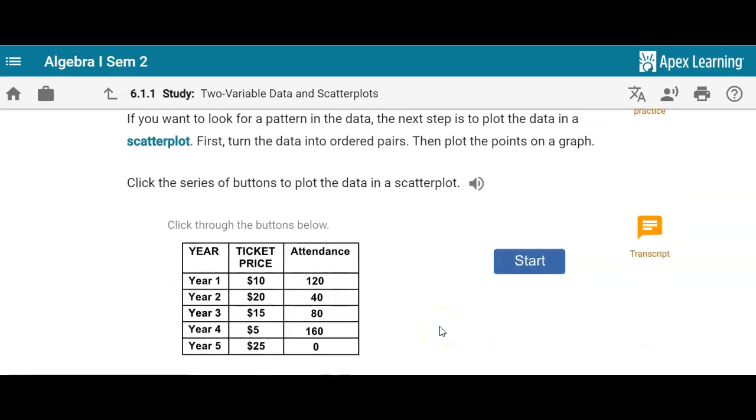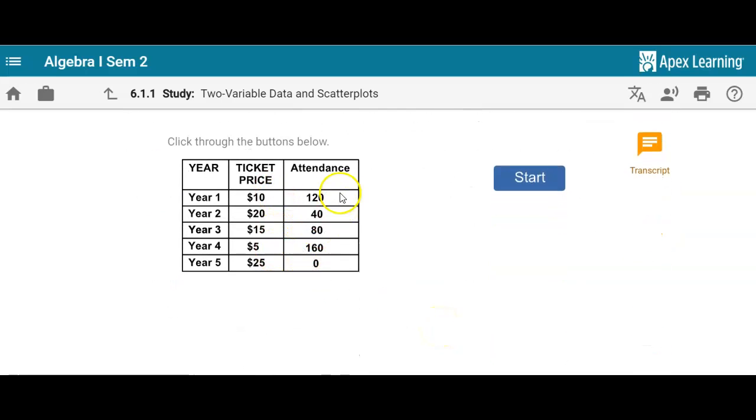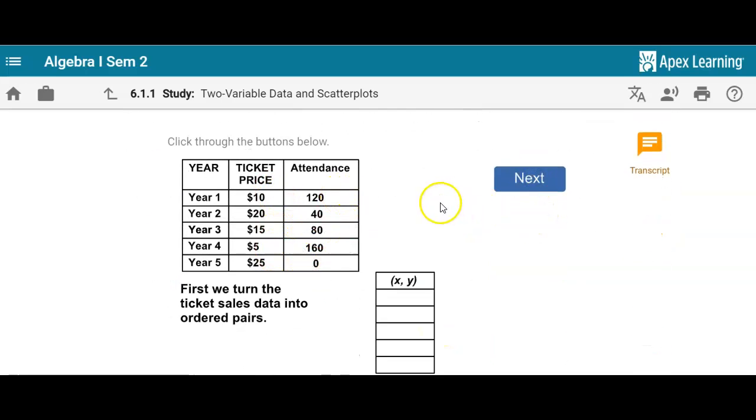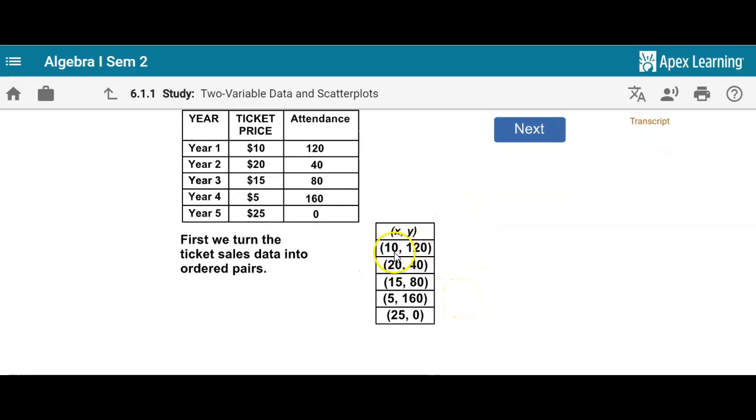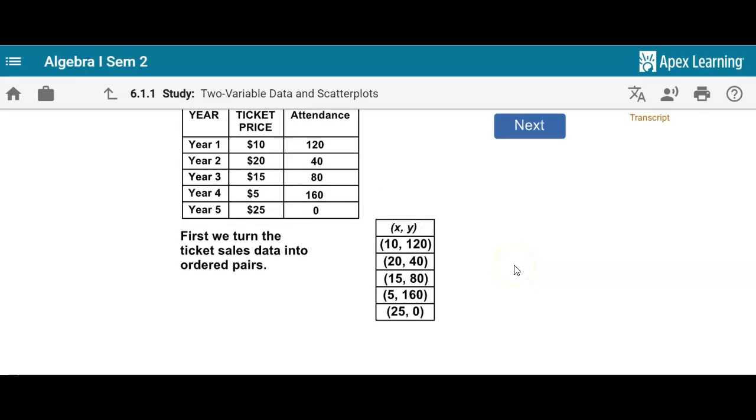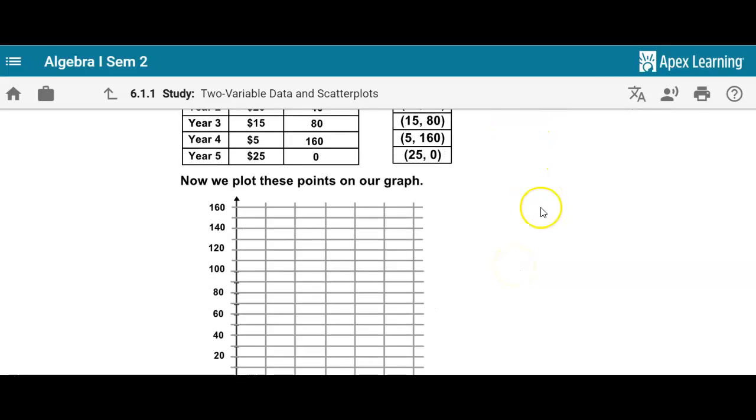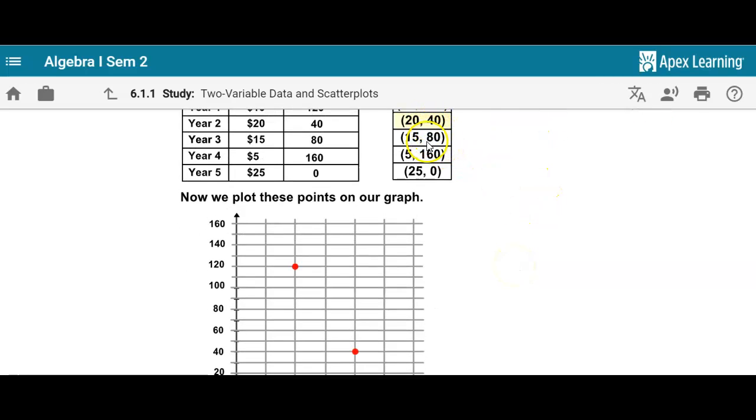So right away, here's ticket price, here's attendance. And if we take these and create ordered pairs like this, 10, 120, 20, 40, 15, 80, 5, 160, 25, 0, right?